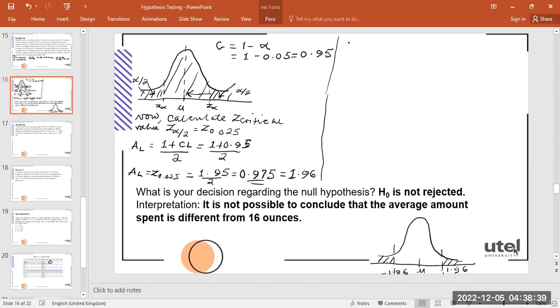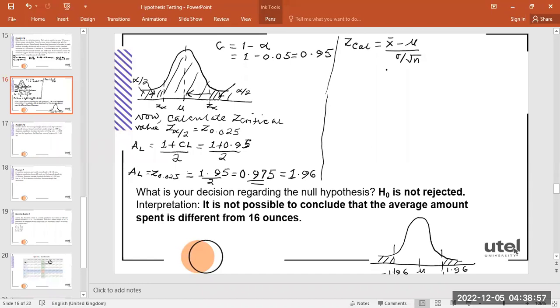So to find our Z calculated, it can simply be obtained from the Z-score formula. Z equals X bar minus mu, all over sigma divided by the square root of n.